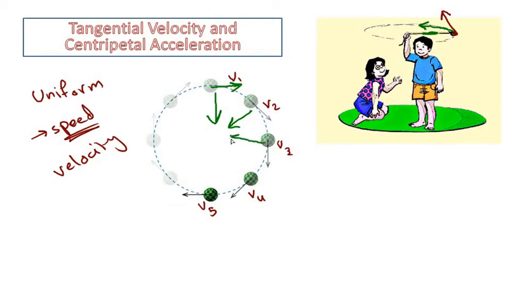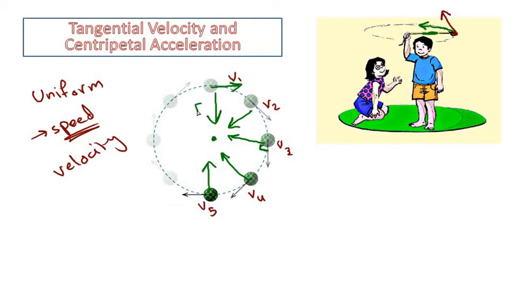At this point, it is also perpendicular. It's along the radius of this circle, and as we know, the tangent and the radius are perpendicular to each other. At this point, this is the force. At this point, this is the force as well. So always the direction of the force is toward the center.